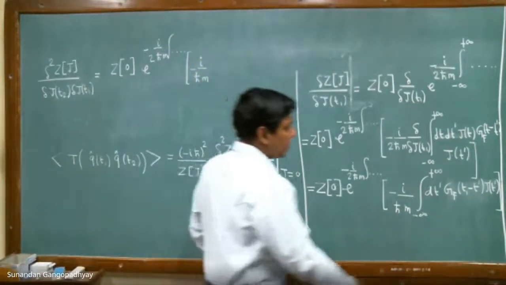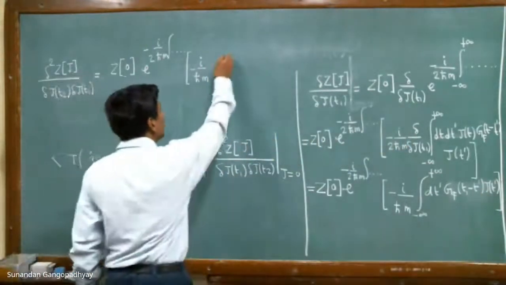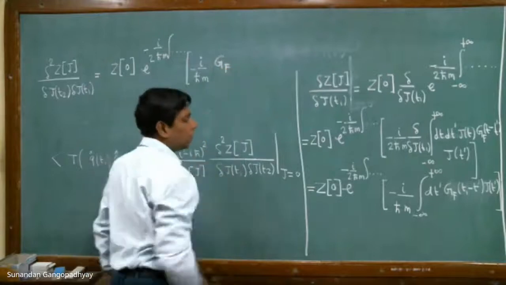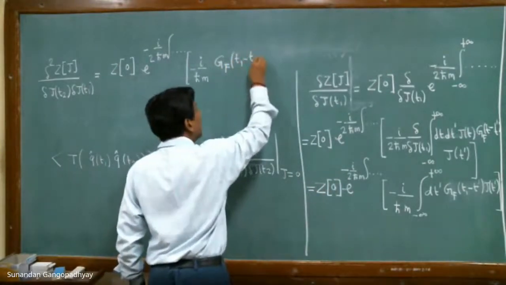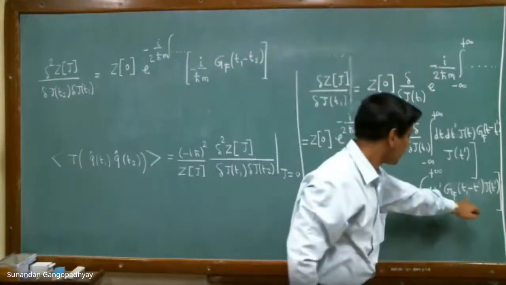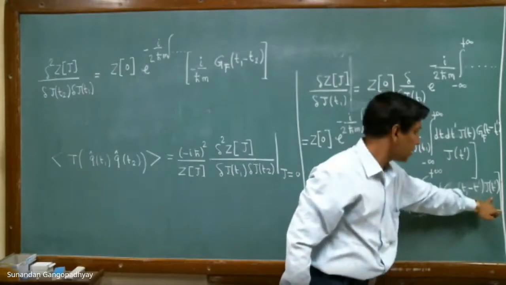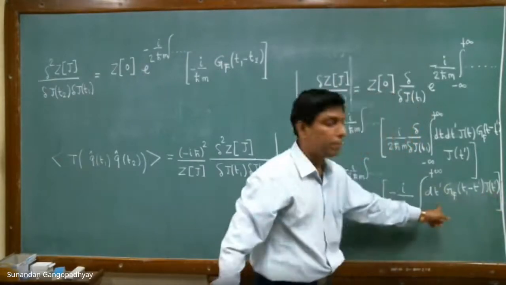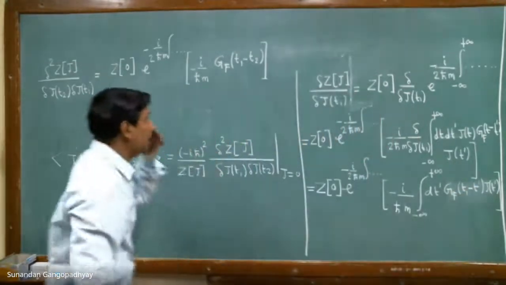And this is a straightforward functional differentiation. It's quite simple because this will give a delta function, delta(t prime minus t2), and then performing the t prime integral will give us G_F(t1 minus t2).